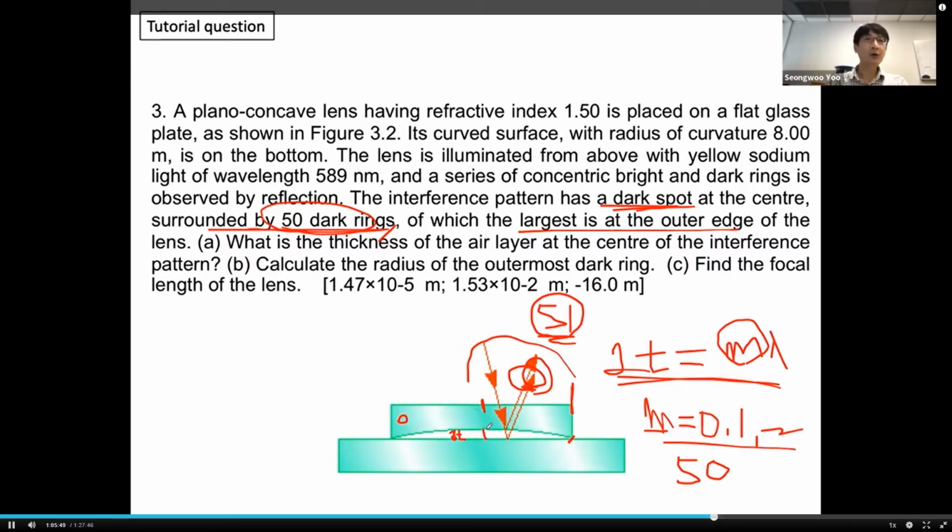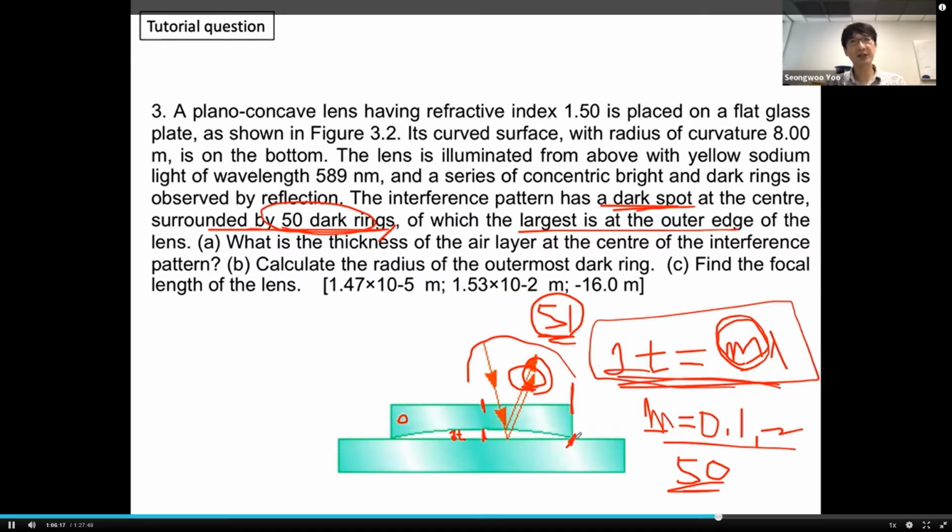Then, because our thickness is maximum in the center, our m value in the center must be its maximum value, because in the center the thickness is the largest. And then on the edge, our thickness is 0, isn't it? The two glasses are in contact.